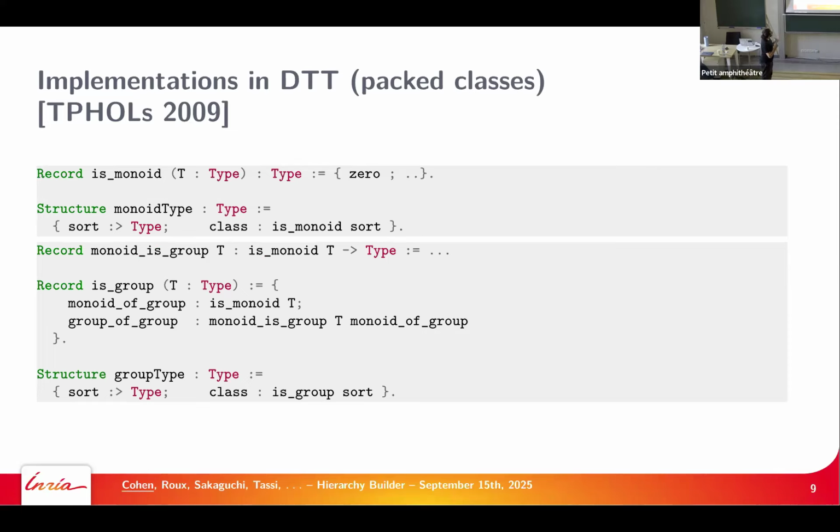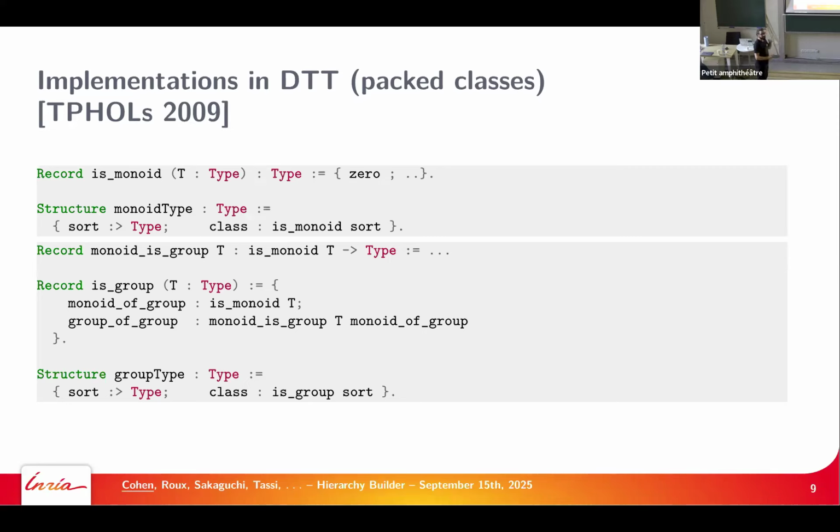So now let's add groups in the picture, and this is called the packed class, not simplified, representation of structures. So if I want a group in the end, and I have defined monoids, I have this monoid record, which contains the data needed to make a type a monoid. Then I can bundle it together with the type, and I get the type of monoids. Then I can define a group as what I need to extend a monoid with to get a group.